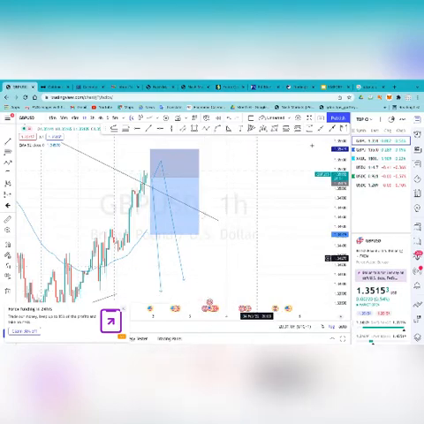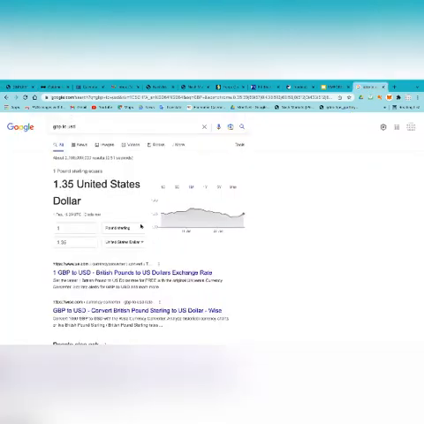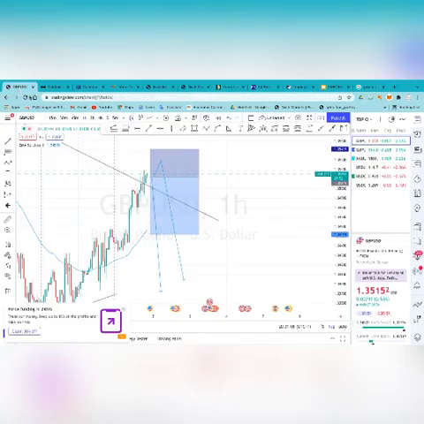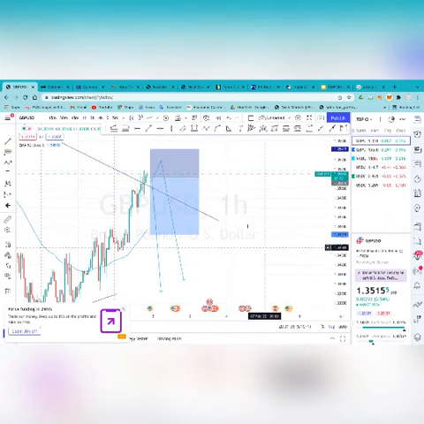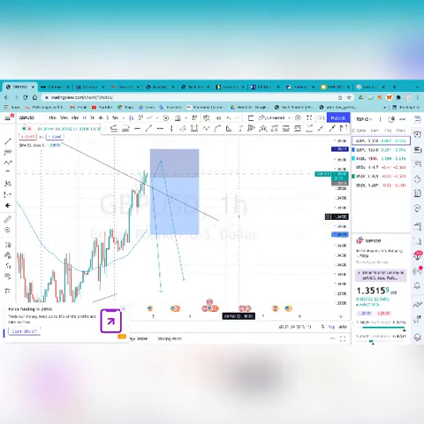On Google you won't see $1.35132. No, it's not like that. It just rounds to the nearest figure. If the market closes at this price, the pound will still be $1.35, until the market closes below 135, let's say 134.